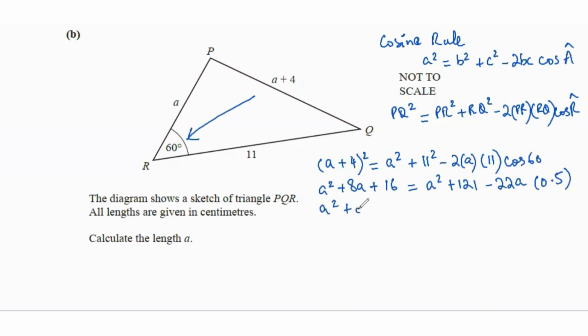So a squared plus 8a plus 16 equals a squared plus 121 minus 11a.